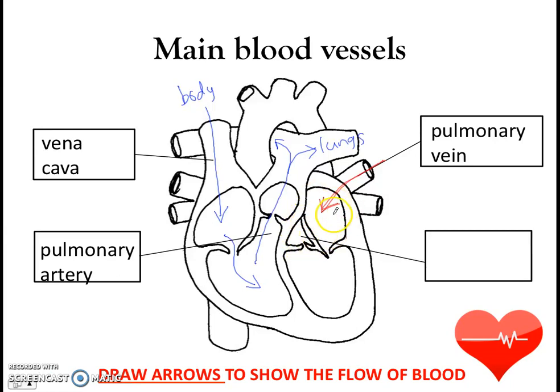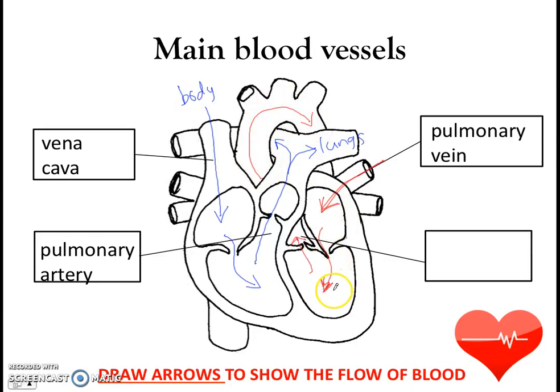and more specifically into the left atrium. Now from the left atrium, blood moves into the left ventricle over here, and from the left ventricle, blood will be pumped out of the heart into this blood vessel here. Imagine it's at the back, and it comes around over this arch-shaped blood vessel.